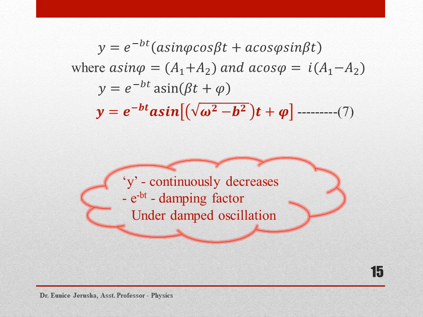Such type of motion is called an underdamped motion, and it is observed in a simple pendulum which is hung in air, and also in the motion of the coil in a ballistic galvanometer.